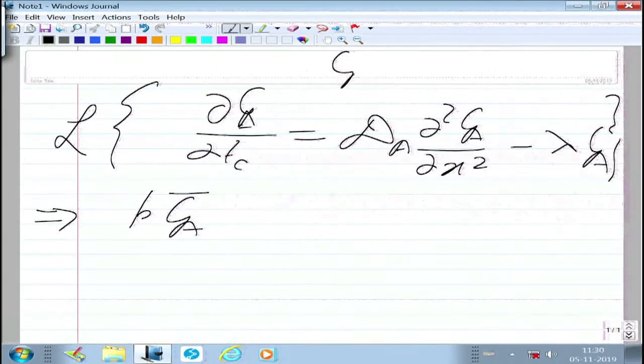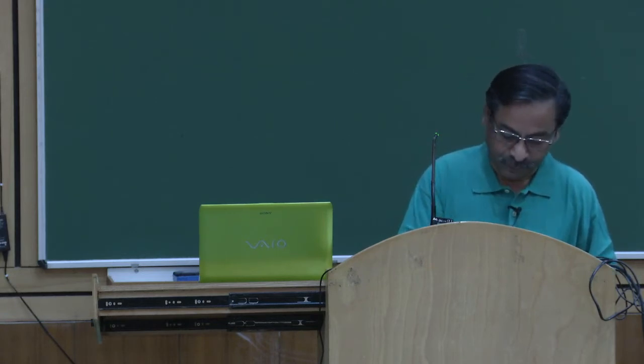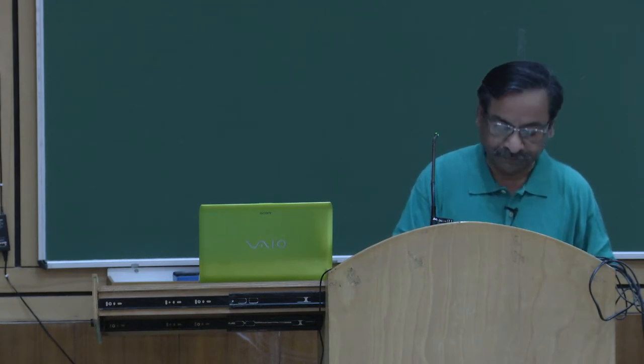Remember, Ca is function of Tc and x. Ca bar, Laplace of Ca after multiplication by e power minus Ptc dTc and integrating out the time will be only function of x.